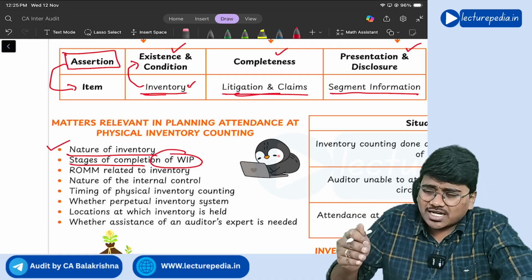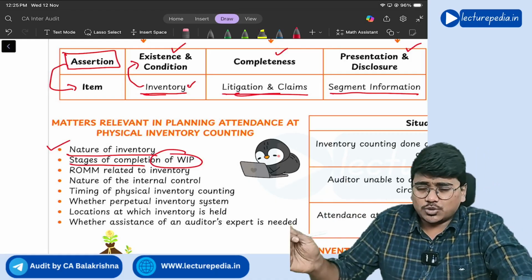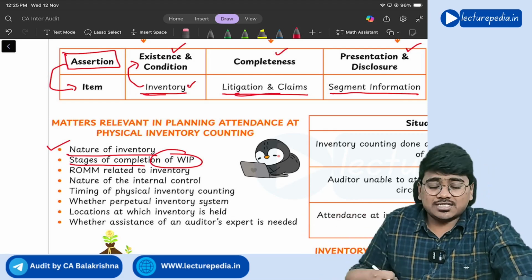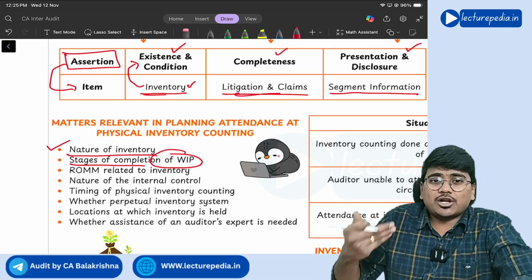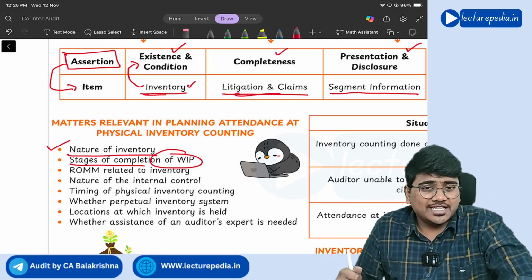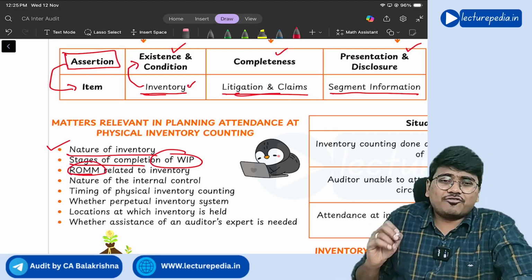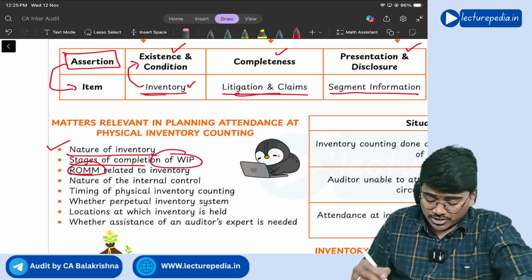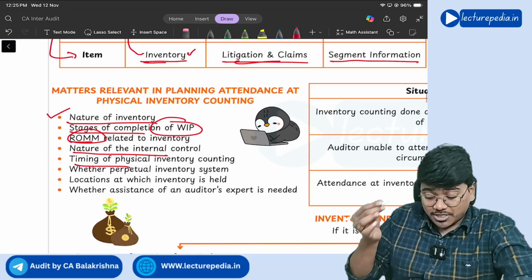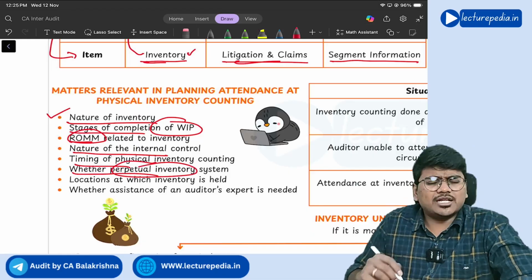In this organization, to convert raw material to finished goods, how many stages are there, that also you need to consider, because based on the number of stages, that many work in progresses will be there in the organization, correct or not? Next, risk of material misstatement of inventory you need to consider, nature of internal control around that inventory, timing of physical verification, and whether perpetual inventory records they are maintaining.